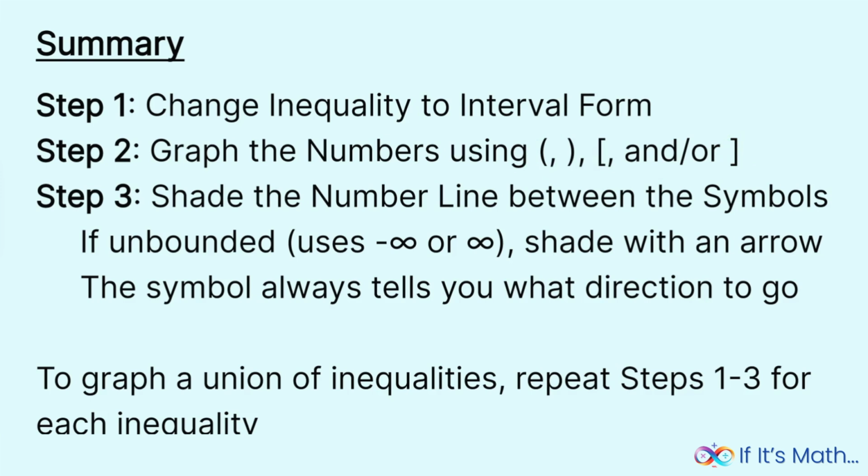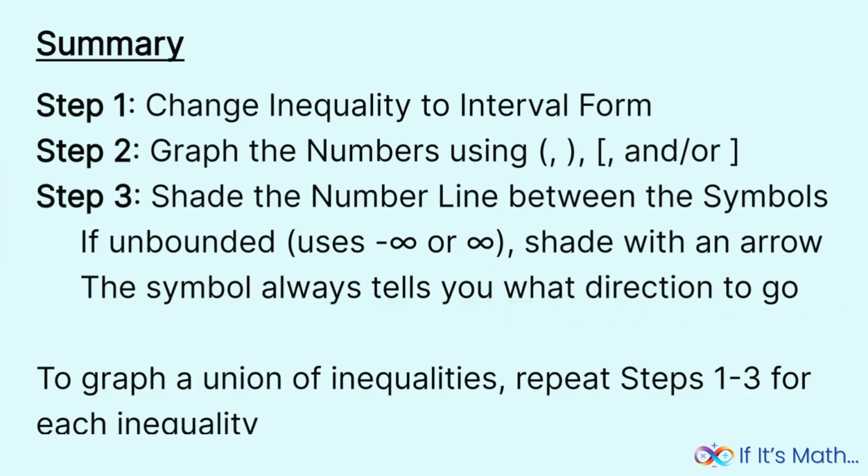And for step 3, you shade the lines between the symbols. Now, if you had an infinity, which means there is no symbol on one end, you shade with an arrow. So you start with wherever the number that you did graph is and shade all the way to the end and put the arrow on the end, or if you're going that way, the arrow on that end. So remember, though, the symbol always tells you what direction to go.